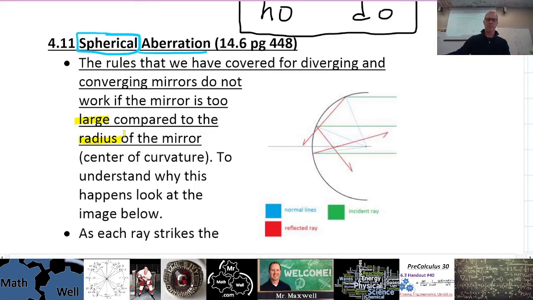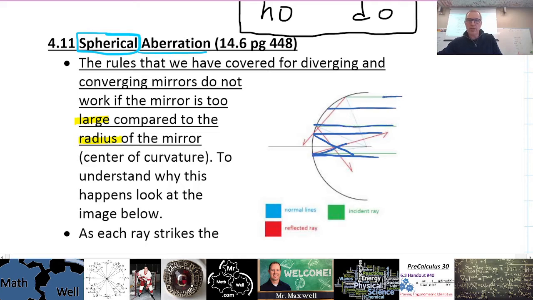Beauty. All right. So to understand why this happens, look at the image here below or beside, in my case. So if we have a light ray that's coming in here, let's say pretty close to the principal axis, it should reflect through the focus. This one too should reflect through the focus. But as we get further and further out, so this light ray, these light rays, and this one for sure over here, the reflection is not going to go through the principal focus, but it's going to be a little aberrant.